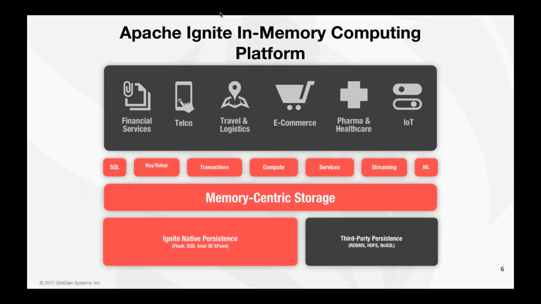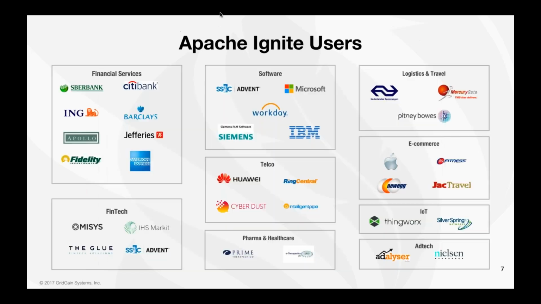Ignite is used in a wide range of industries and verticals, from financial services, travel and logistics, e-commerce, IoT, to healthcare, which we'll look at a little bit later on. And of course, lots of users.